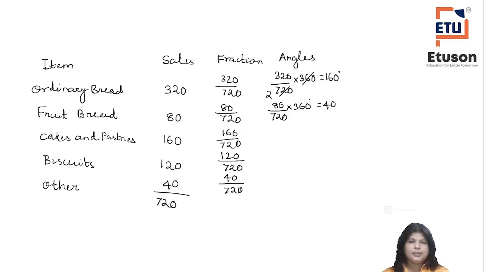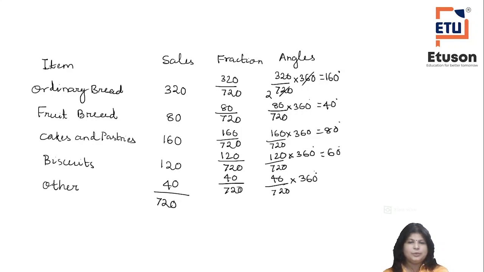Half of 80, that is 40. 160 by 720 into 360 will be equal to 80 degree. 120 by 720 into 360 is equal to 60 degree. 40 by 720 into 360 is equal to how much? It is 20 degree.